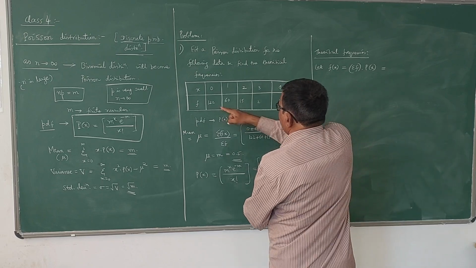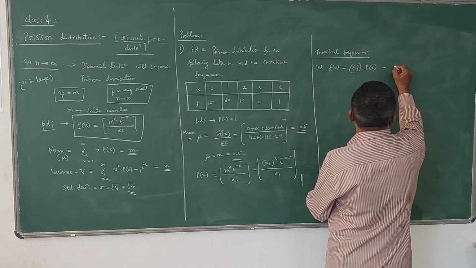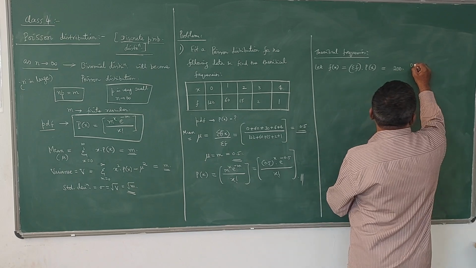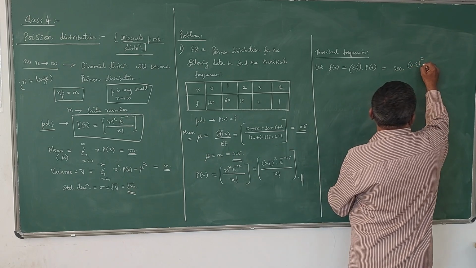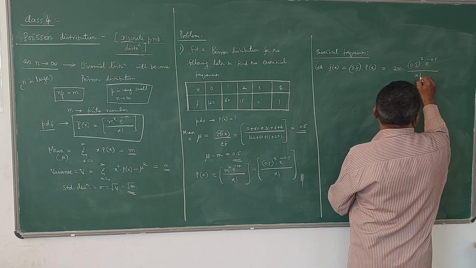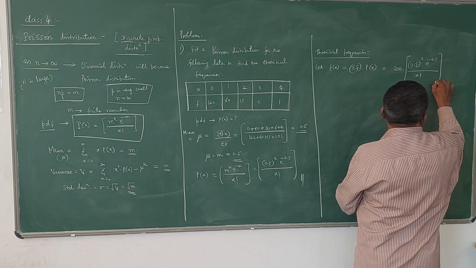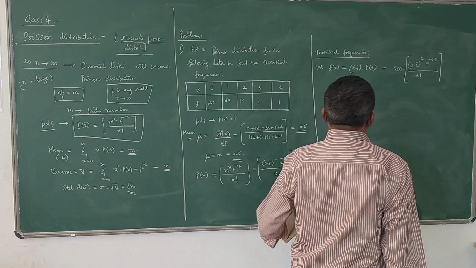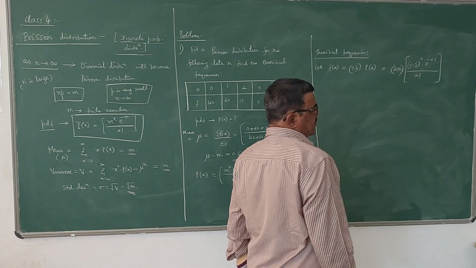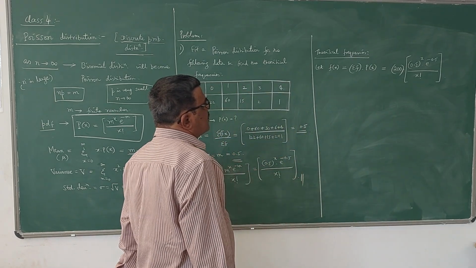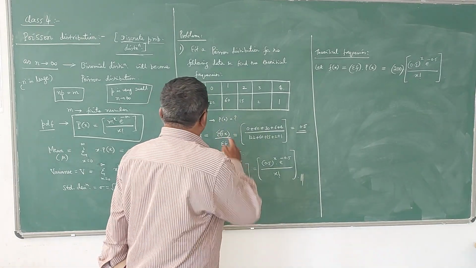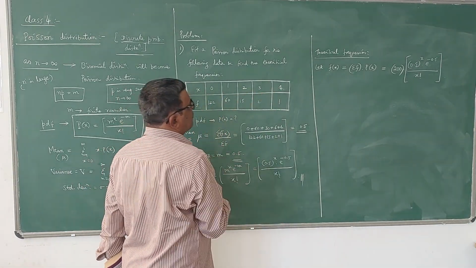Sigma f is the sum of all these frequencies, which is 200, into P of x, which is 0.5 to the power x into e to the power of minus 0.5 divided by x factorial. Now this is the expression for f of x. By putting the values of x in this expression, you can get the values of the theoretical frequencies.